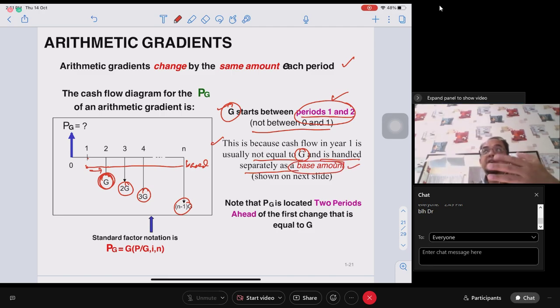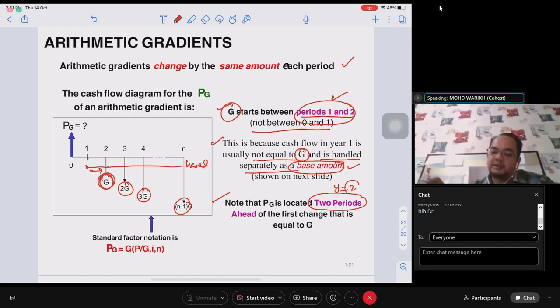Year 1 is the base amount. The difference between year 2 and year 1 we call the gradient. So note that PG is located 2 periods ahead, this means year 2. The first change is equal to G, depending on the question.